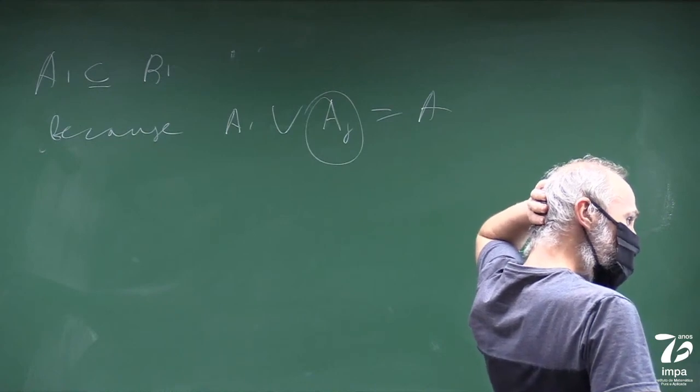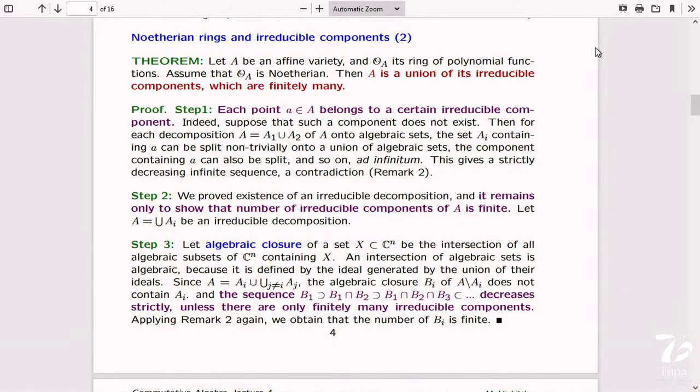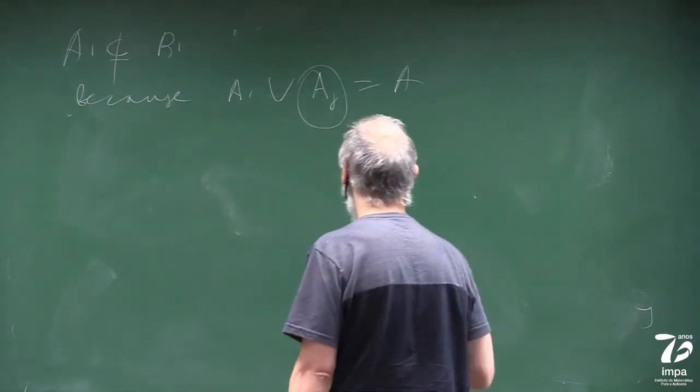Well, the intersection of algebraic sets is algebraic because it's defined by the ideal generated by the union of ideals. It's almost a tautology. Here you wrote that AI does not. Thanks.